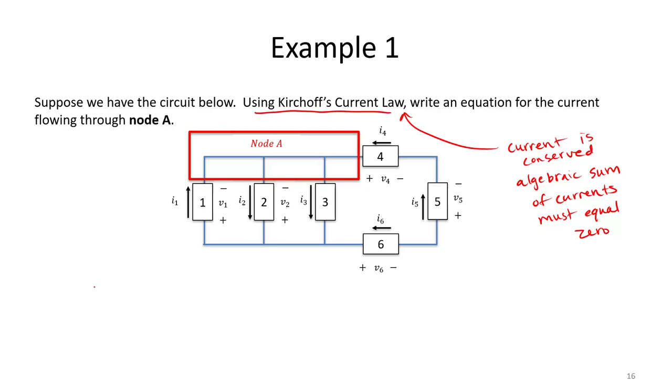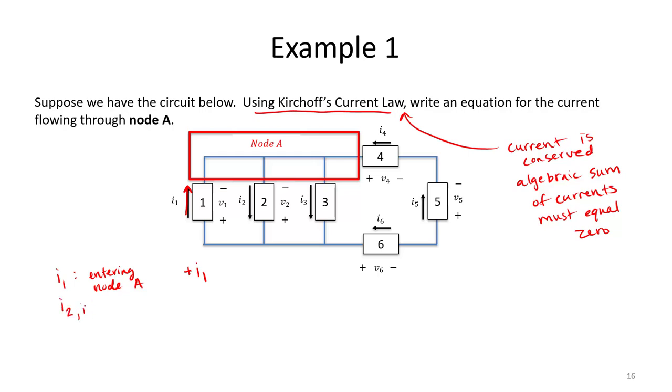Well, let's see what's happening. Well, we have I1, which is entering node A. So we end up with a positive current, right? Because since I1 is entering, we give it a positive sign.